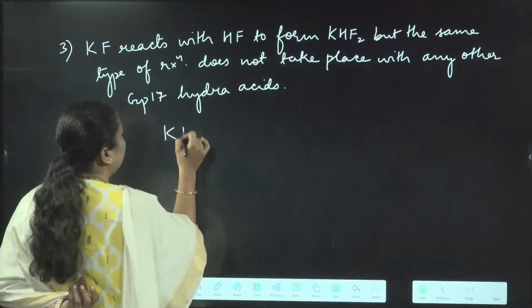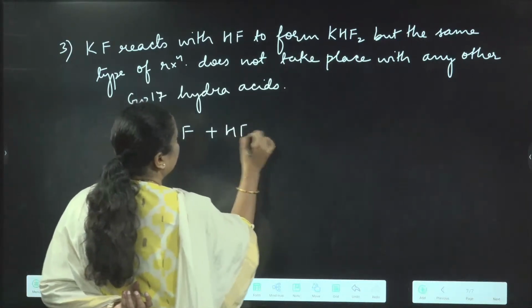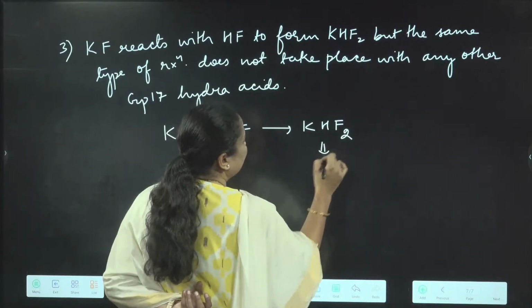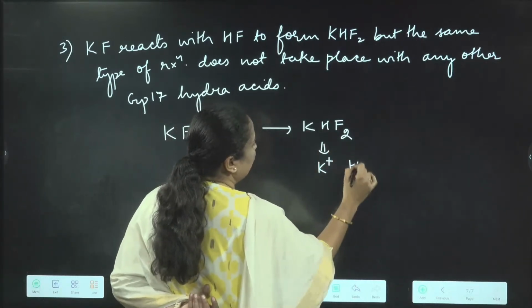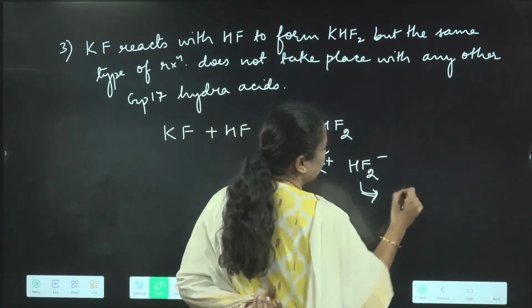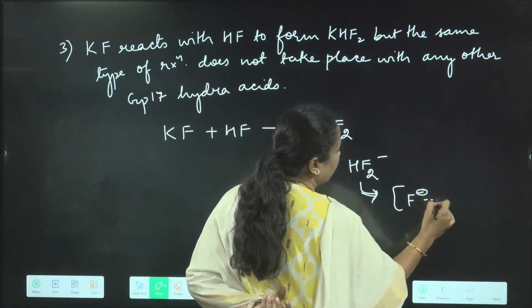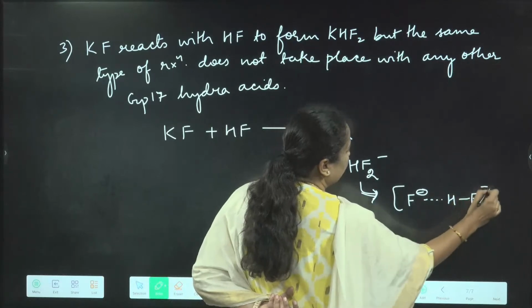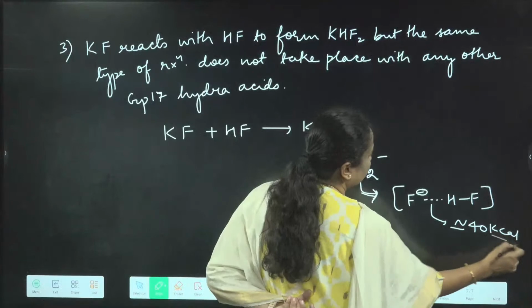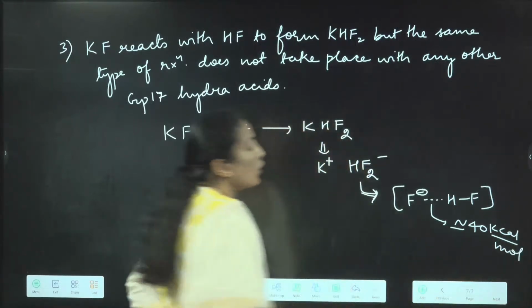So if I am having KF, it is able to react with HF to give you KHF2, right? Basically this exists as K plus and HF2 minus, and in this HF2 minus a very strong hydrogen bonding is happening like this, and the energy liberated is almost 40 kilocalorie per mole because of the strong hydrogen bond.